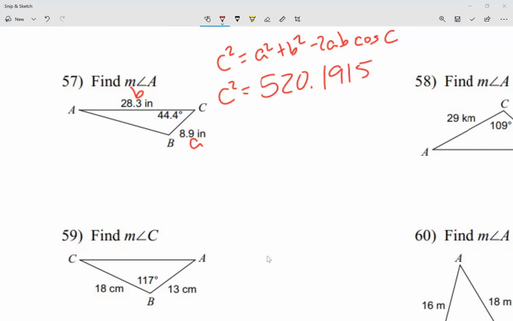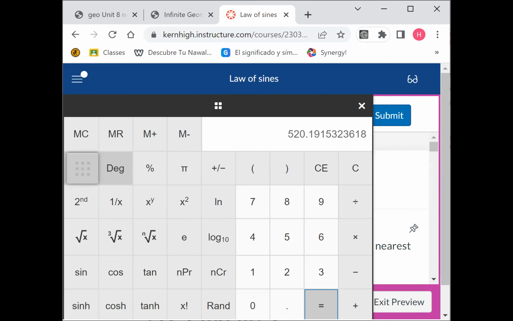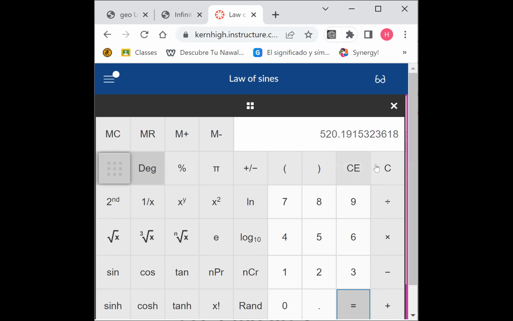So C is equal to the square root of that. Hmm, 22. I'm not quite done yet.